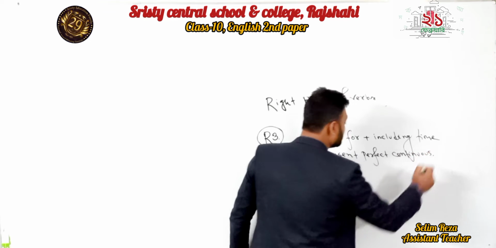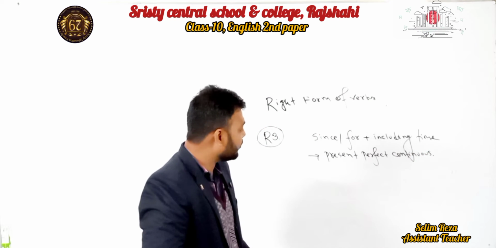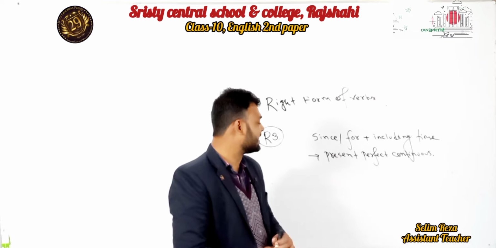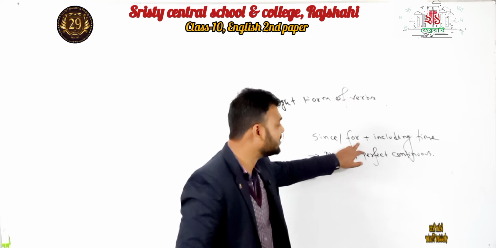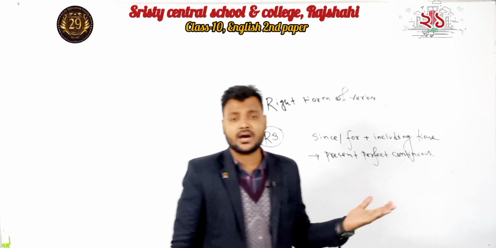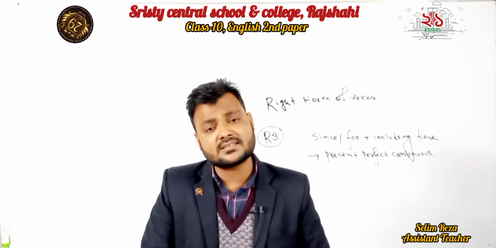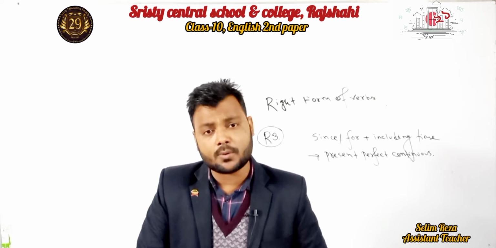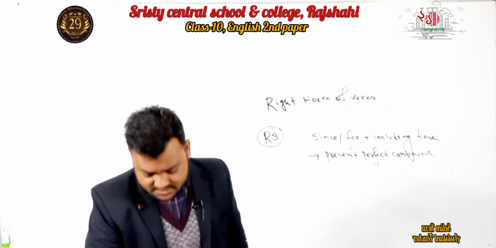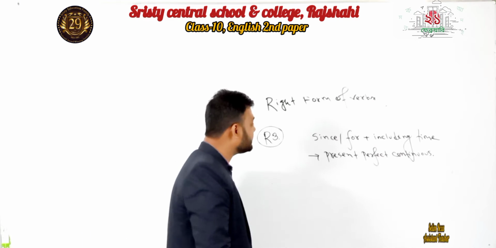Okay, dear student. So I want to say that if there is since or for including time, 3 years, 2 years, 1985, since morning, since 1985, for 2 hours, for 2 days, the tense must be present perfect continuous.